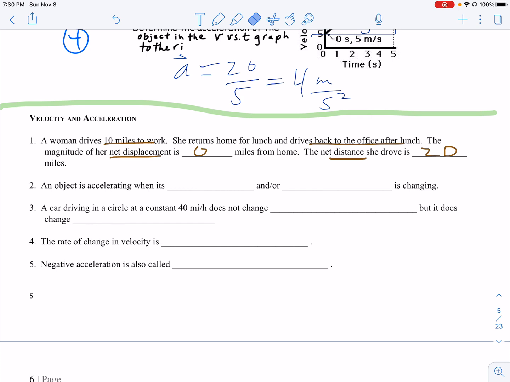Okay. Now, accelerating. There are 2 ways it can accelerate: its speed or its direction is changing.